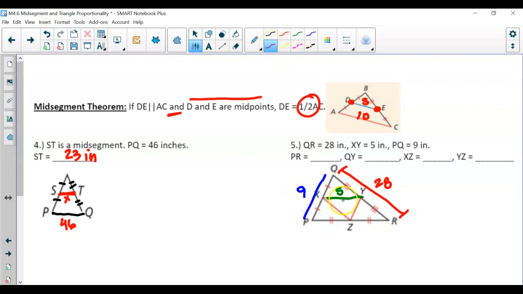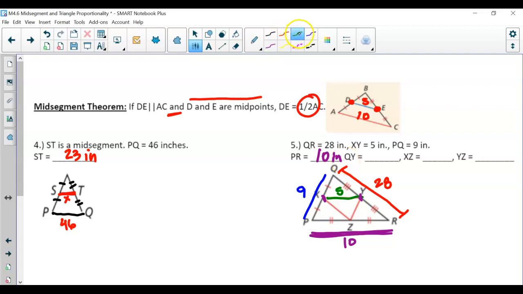Keep in mind, whatever is parallel, those midsegments we're given inside, are half of the side that's parallel to. So PR is parallel to XY. So if XY was 5, then PR here is 10 inches.